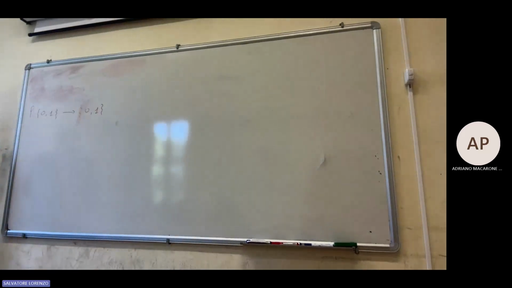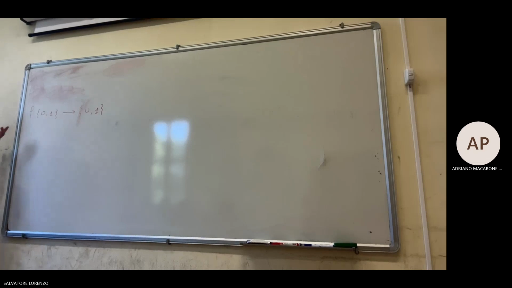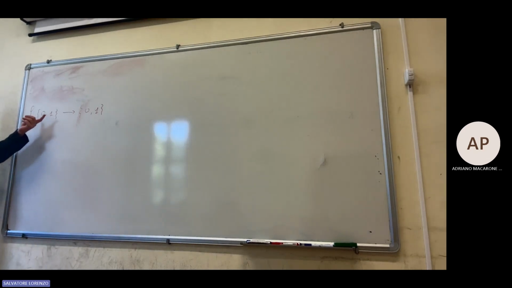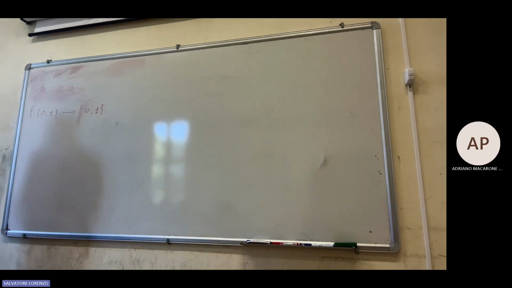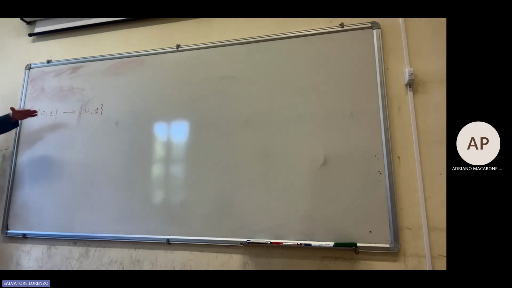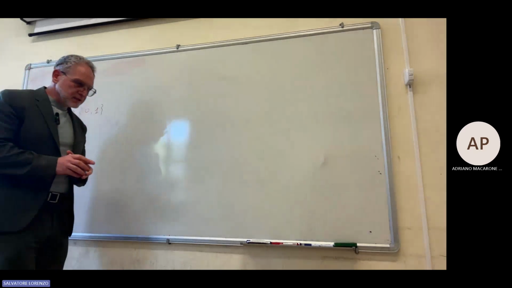And you want to understand not the value of the function, but only if the function in 0 and the function in 1 have the same value or the opposite value. The thing that you are asking is always this: is this function constant or is this function not constant? You are not asking anything else.